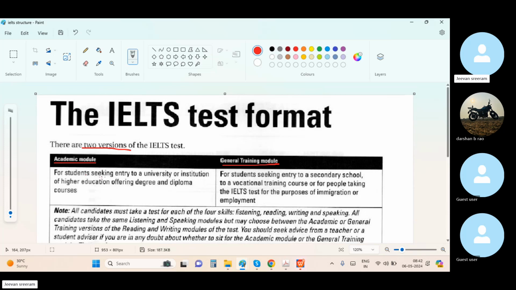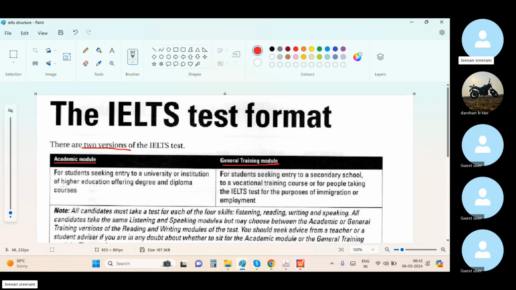So for students seeking entry to a university or institution for higher education, offering degree or diploma courses, generally students have to give the academic module, the IELTS academic test. Students seeking entry to a secondary school, vocational training course, immigration or employment purposes: the section of the particular country's government asks for your profile.